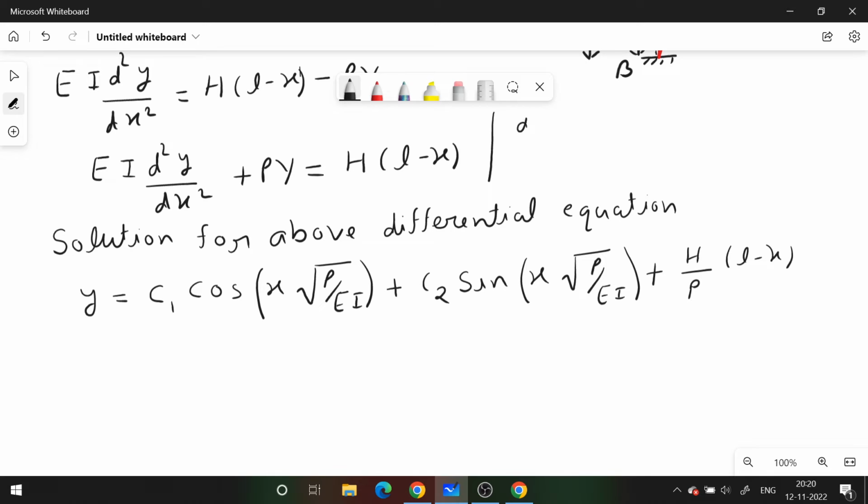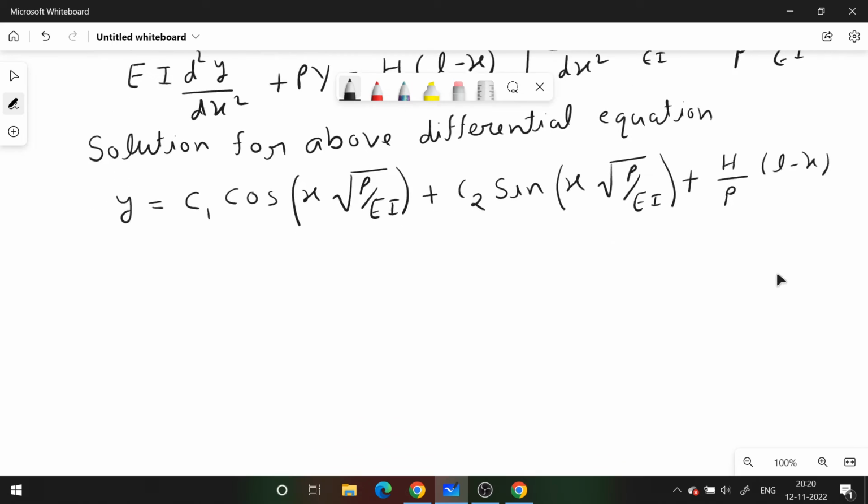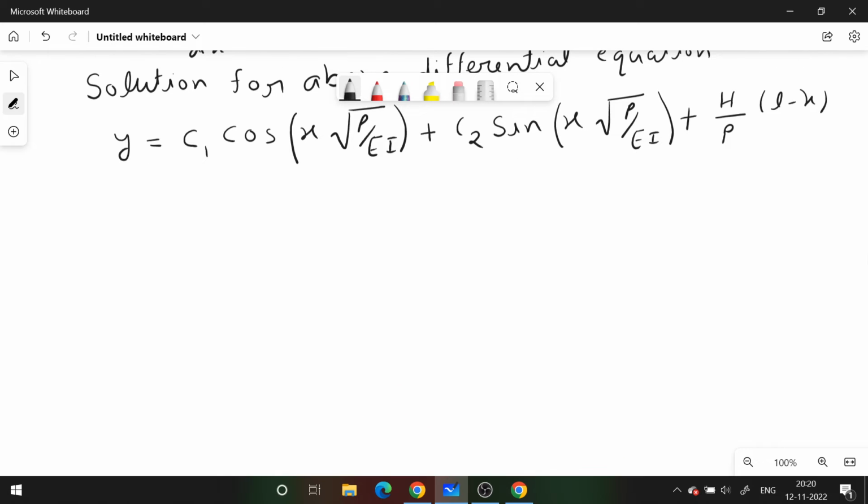Convert this equation into d2y upon dx square plus P upon EI into y equals H upon P into P upon EI (L minus x). So the solution of this differential equation will be y is equal to C1 cos x under root P upon EI plus C2 sin x under root P upon EI plus H by P (L minus x).